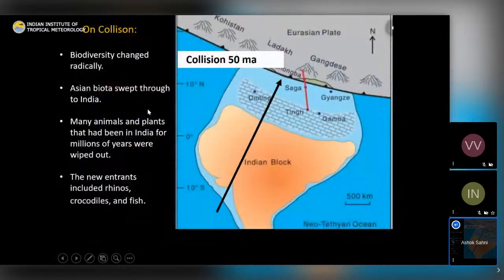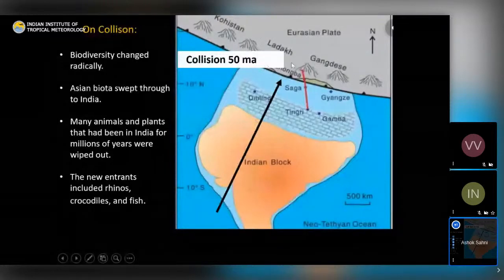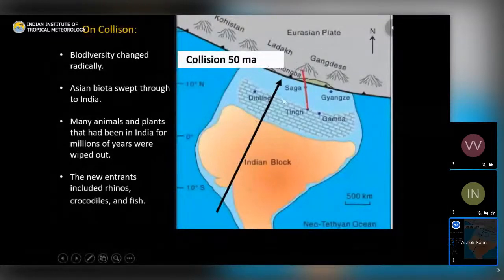The next major event that took place was collision. There are many ages for collision, I'm taking 50 million because that's what I believe that we can date the animals and plants that came over from Central Asia. So at around 50 million, India collided with the Eurasian plate, and the animals and plants that were living in Eurasia, they crossed over.